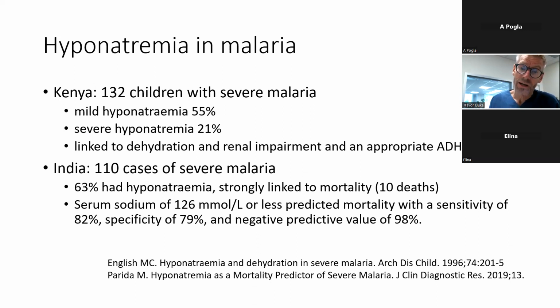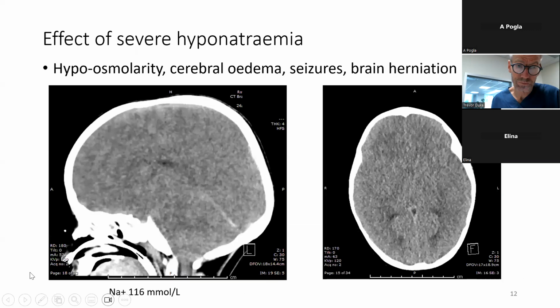They may also have kidney impairment because of dehydration, and they often have a high level of antidiuretic hormone. So again, hyponatremia is very common in severe malaria, pneumonia, bronchiolitis and meningitis, and children with hyponatremia have a worse outcome than if they don't.